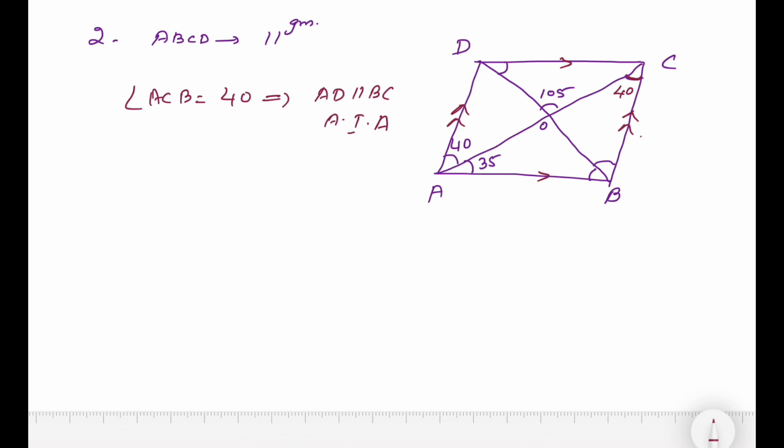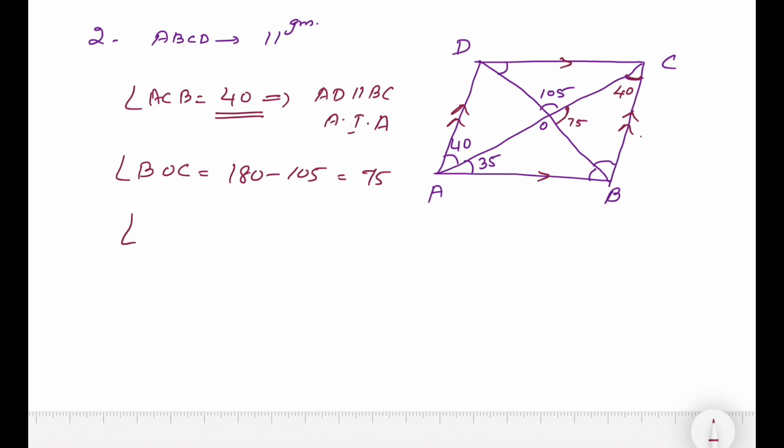Now you have to find, now this angle will be angle BOC. Angle BOC will be 180 minus 105 because its linear pair is 75. So we get this as 75.